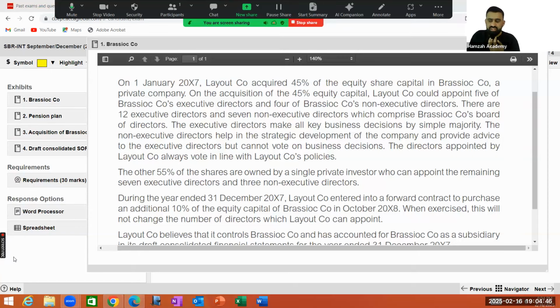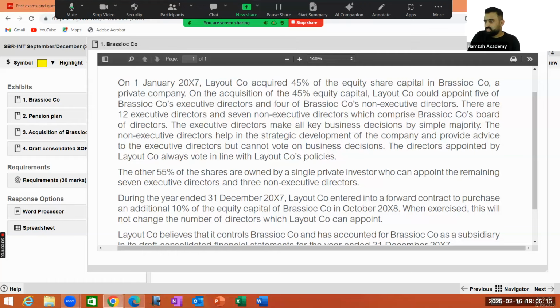The examiner takes interest in checking whether the candidate can identify that the parent company has control or not, and whether the candidate understands the meaning of control. That's why such requirements are frequently tested in the SBR exam.